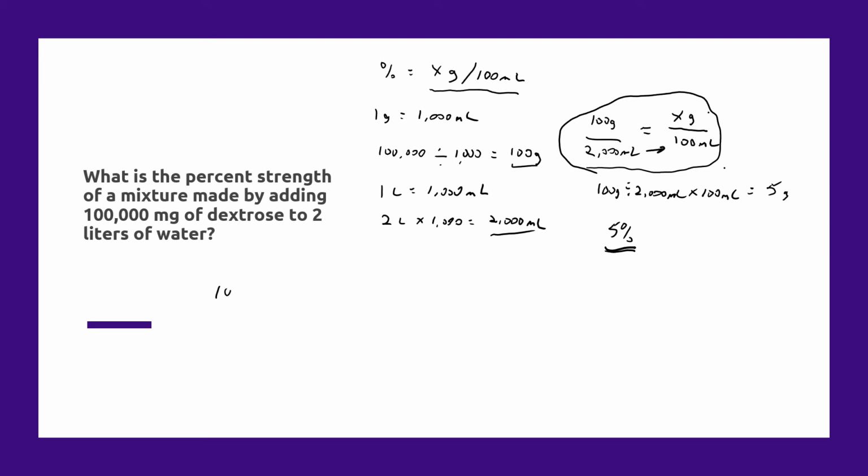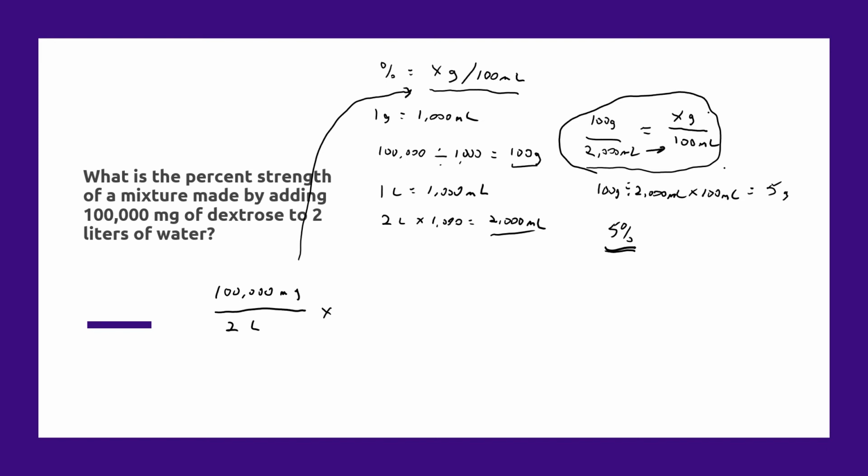So we're starting with 100,000 milligrams over 2 liters. And remember, we need to end with grams per 100 mL. To do this, first we're going to convert milligrams to grams.